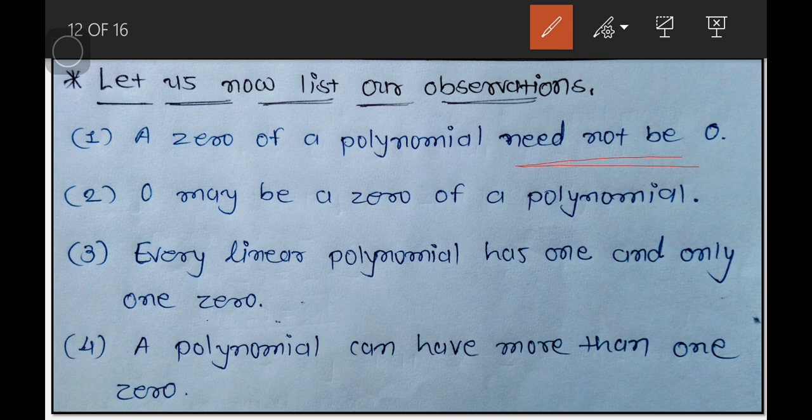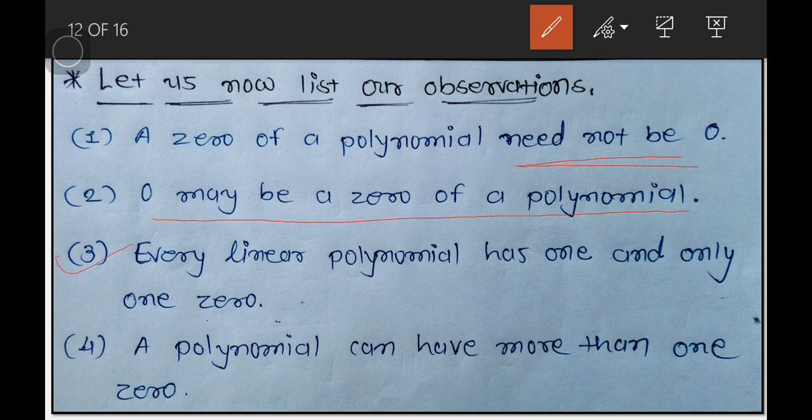Second one is, 0 may be a zero of a polynomial, as we saw in the previous example, that 0 also makes the polynomial 0. Then 0 may be a zero of a polynomial.